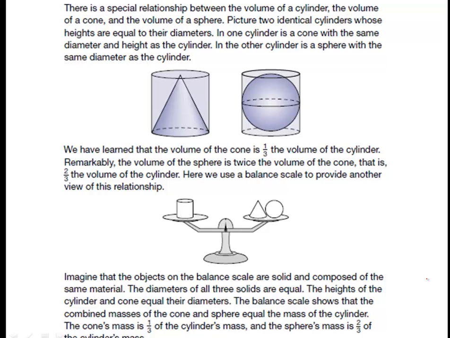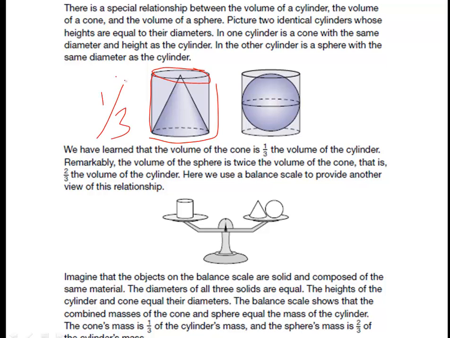Now let's talk about a sphere itself. Here you have the volume of a cylinder, and inside that cylinder you have a cone. Inside another cylinder you have a ball, or a sphere. It's interesting that the cone equals 1/3.